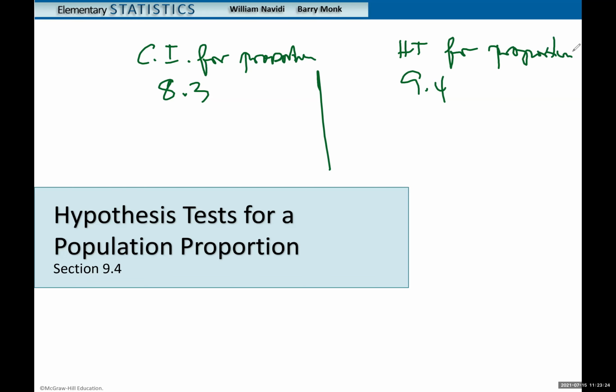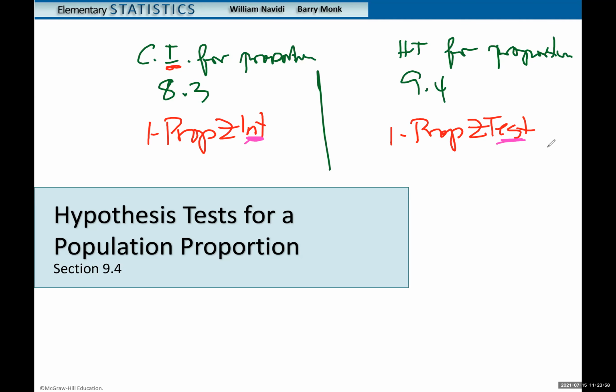See, they're related. And the shortcut, do you remember the shortcut for confidence interval? It would be STAT, TESTS, and then 1-PropZInt. Since it's interval, right? Very good. And then for hypothesis testing, it's going to be 1-PropZTest. See, interval, test.